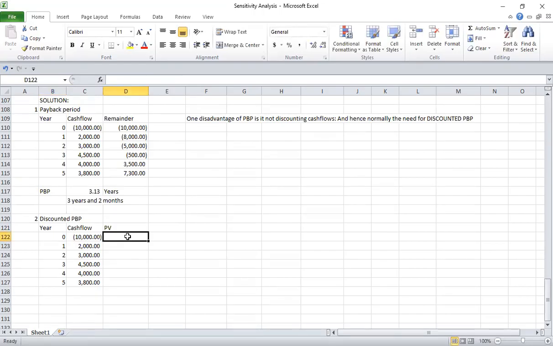And so for the first one, the initial outlay, the present value, what is it? So PV is equal to, of course, the discount rate, which is 15%, comma, NPER is the period. In this case, I will select that 0.